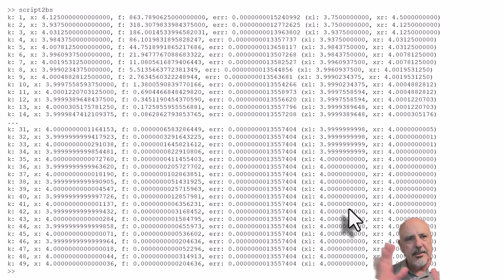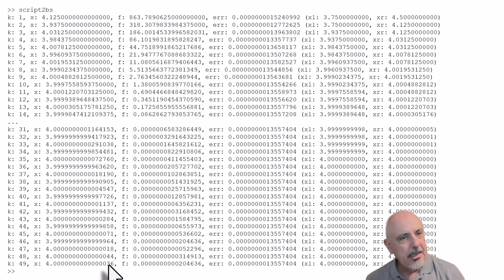But I only printed 10 zeros on my XL and XR, or x left, x right, x lower, x upper, however you want to look at it. I'm sure there's some fuzz kind of matriculating there. But bottom line, 49 iterations, and I got something that wasn't quite as good as the Newton Raphson, but it's pretty close.